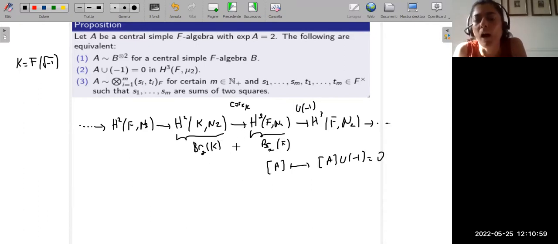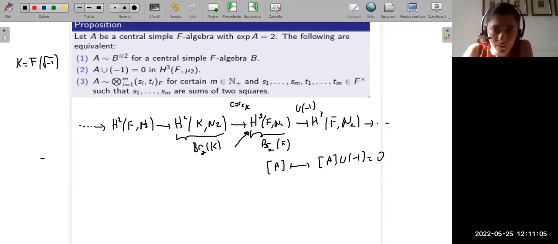Now I will read exactness at this factor here. A cup product -1 is 0 if and only if this element comes from here.